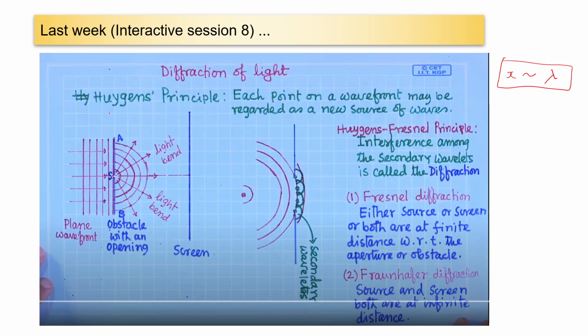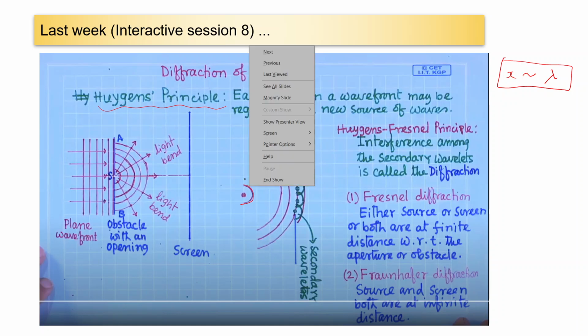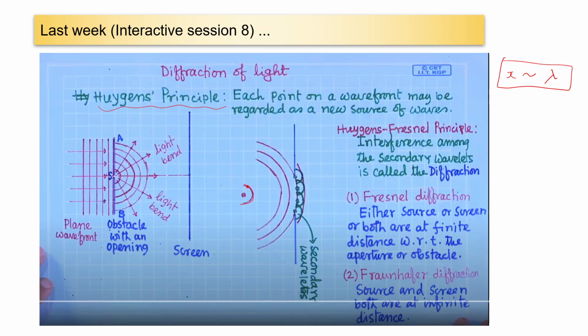Then we were discussing the wave nature when diffraction happens, which is given by Huygens principle: each point on a wavefront behaves as another secondary source of wave. If this is my primary source of wave, then this is the wavefront. Every point on this wavefront will act as a new source of waves, and thus we get wavefronts like this.